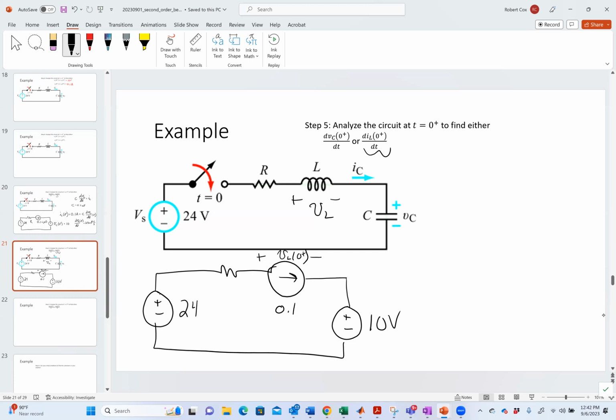So how do I solve for what that is? KVL. I always go around in a clockwise way, and I start in the bottom left corner. So I get 0 equals negative 24, because I go minus to plus on the 24 volt source.